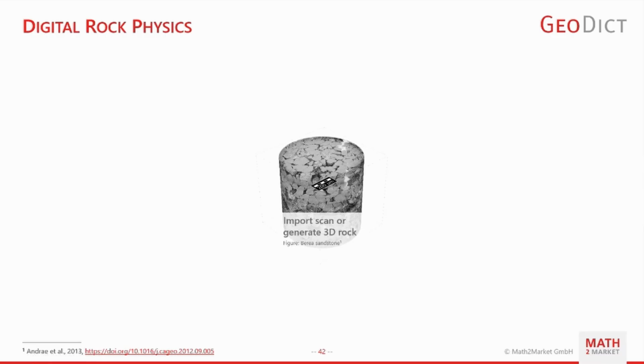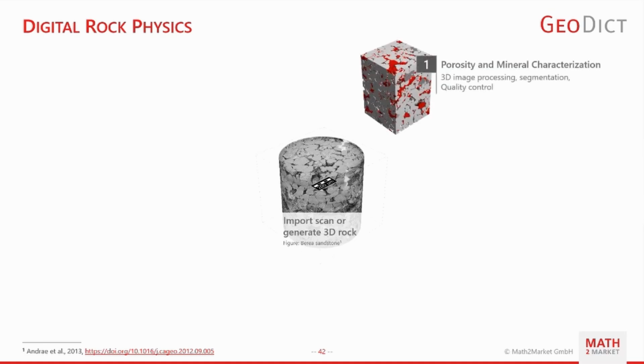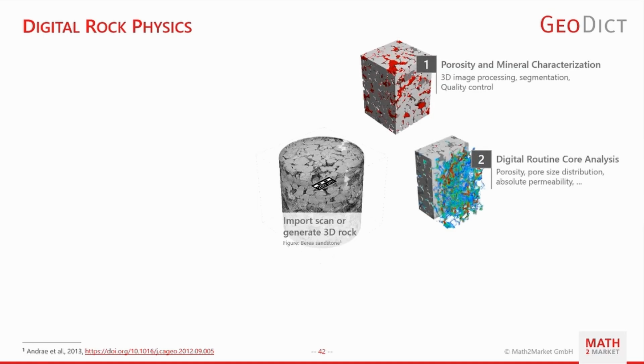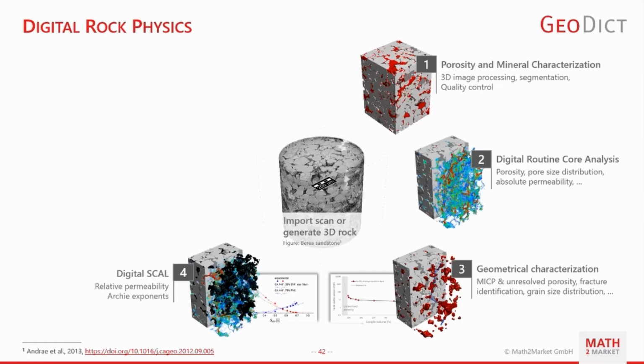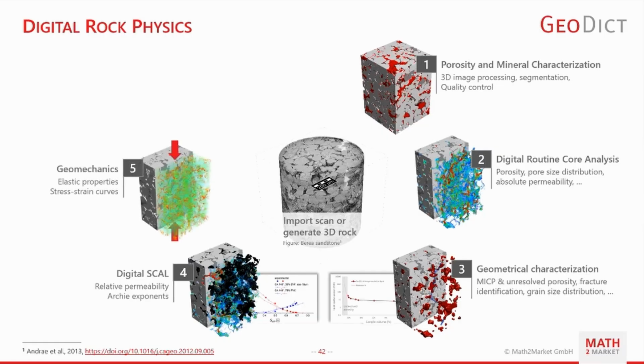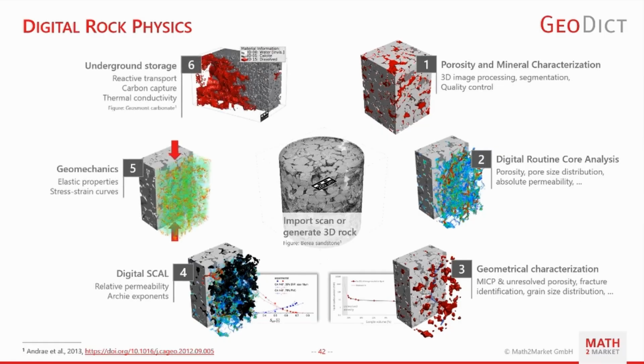And then GeoDict can be used to determine various properties digitally: porosity, pore size distribution and permeability, grain size distribution, relative permeability, mechanical properties, and up to considering fracking or carbon capturing and storage. And here, often multiple fluids are present in a sample: oil, water, gas, and the distribution of these fluids should be predicted by the simulation.